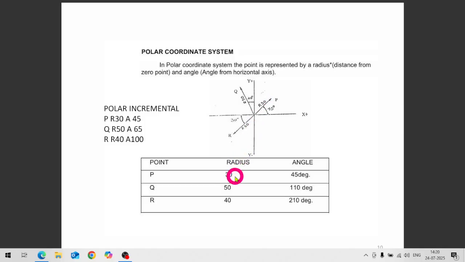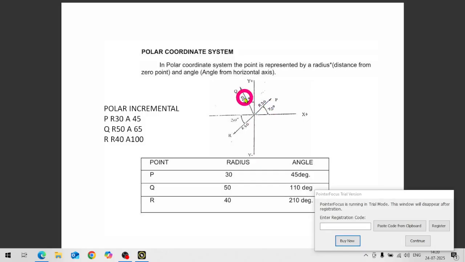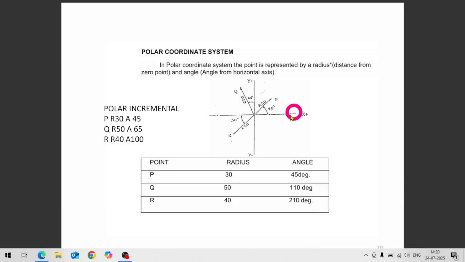So R is 30, angle is 45 degree. From the horizontal line we measure this angle and this will always be plus side. Anti-clockwise is always the plus side. So how we define this P point? Radius is 30 mm, angle is 45 degree. Means R theta. R is 30, theta is 45.